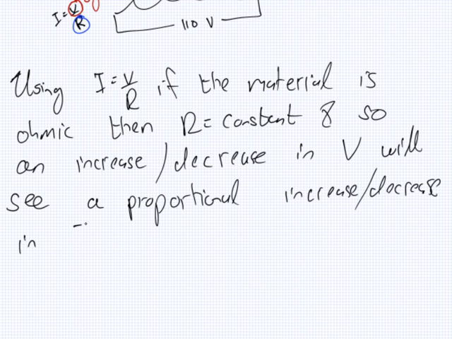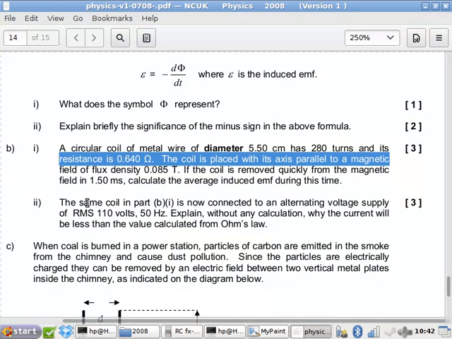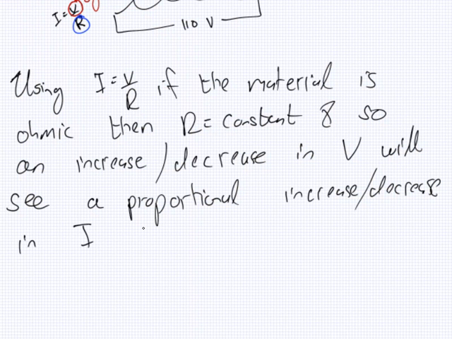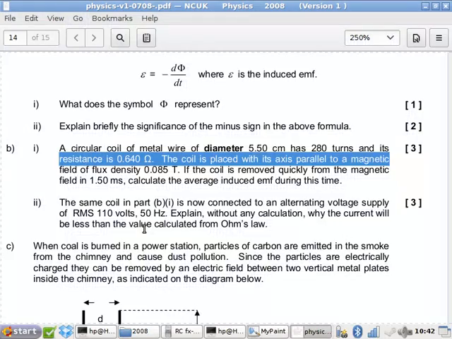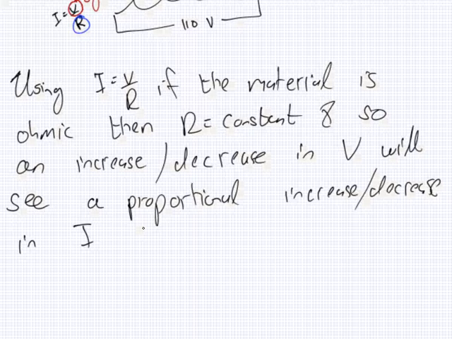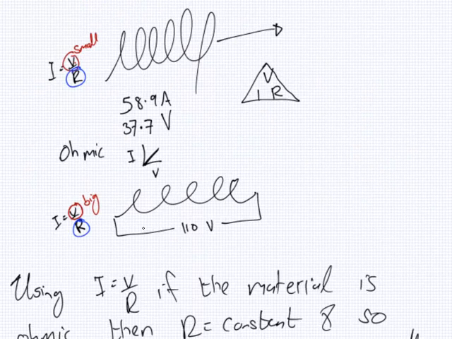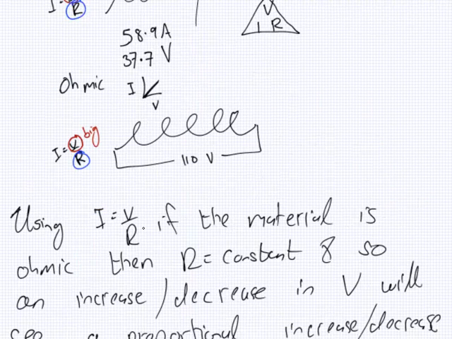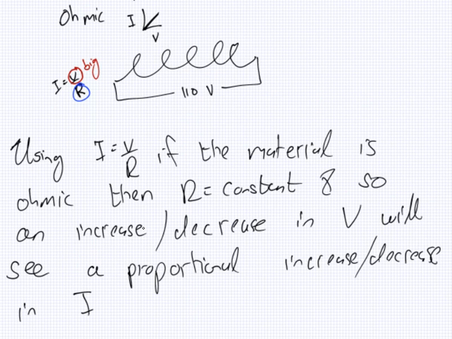The question is, the same coil is now connected to a voltage of 110 volts. Oh yeah, because the voltage has, why would the current be? Oh, I misread. Oh, it should increase then.